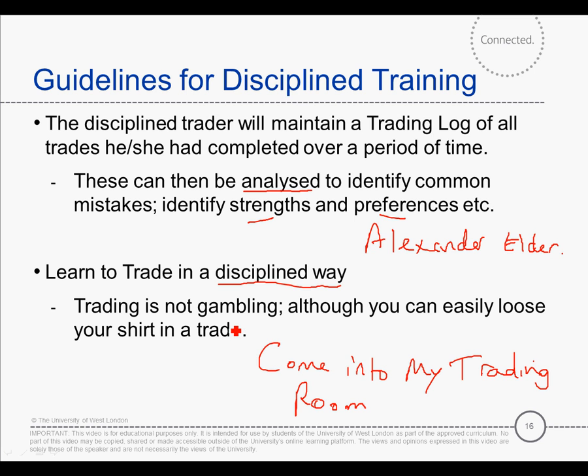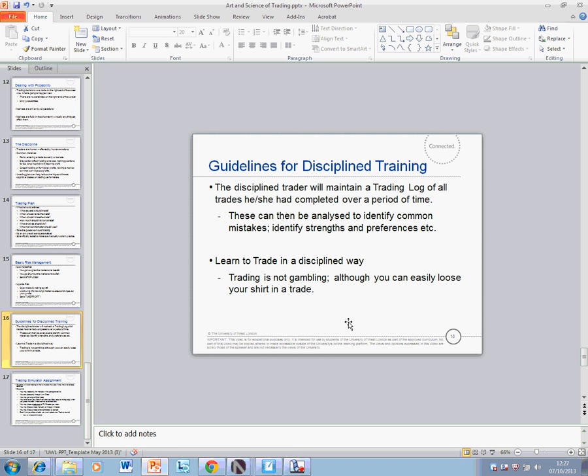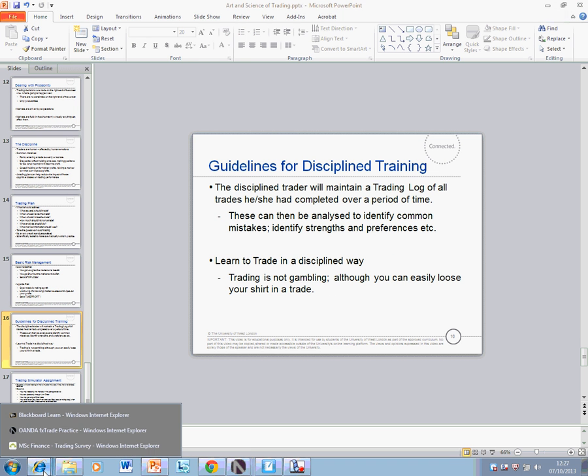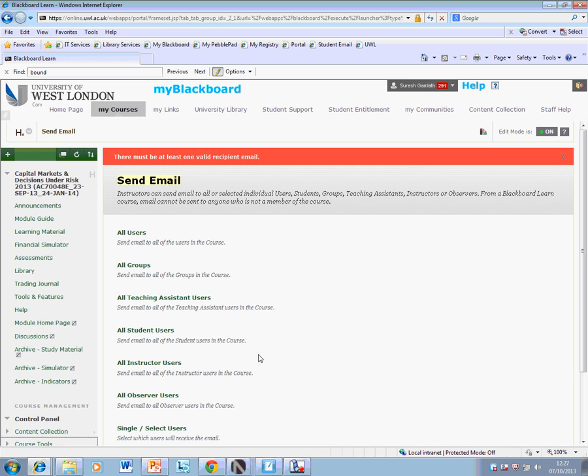Now, as a part of your assessment, you have to maintain a trading log. Every time you close a trade, every time you complete a trade, you have to record that trade in a trading log. To access your trading log, it's very simple. You go into Blackboard.